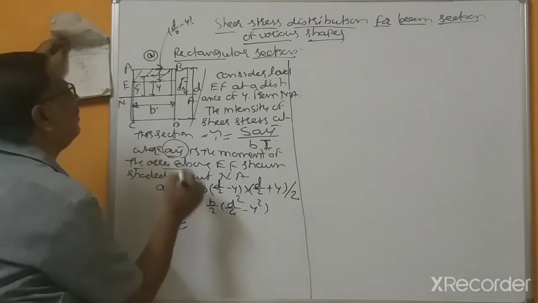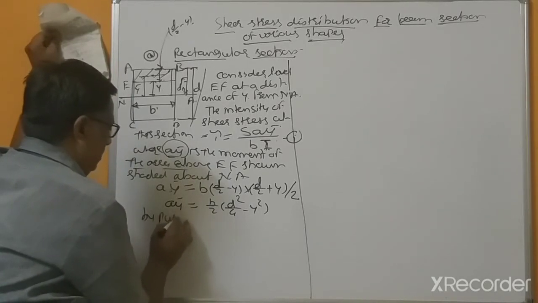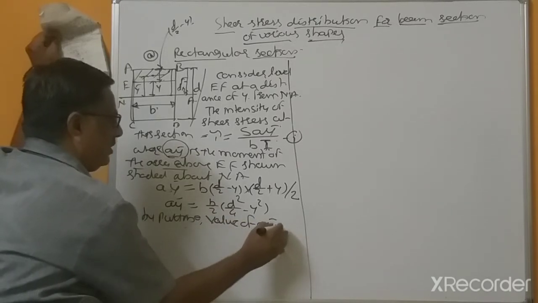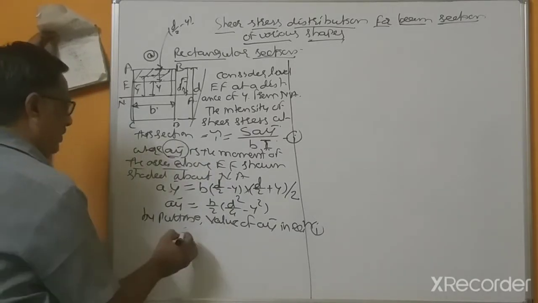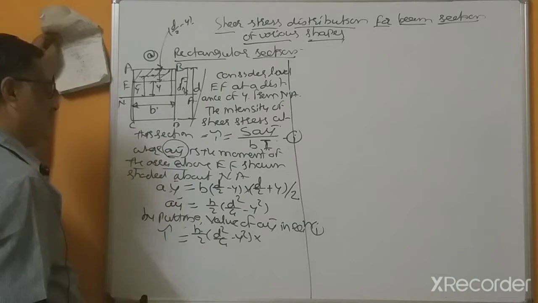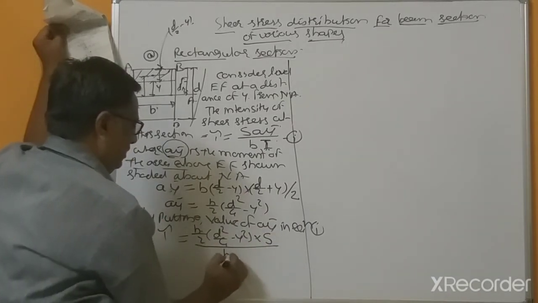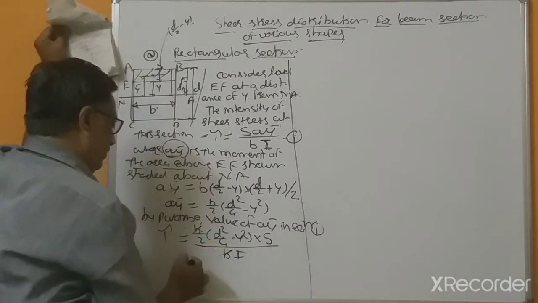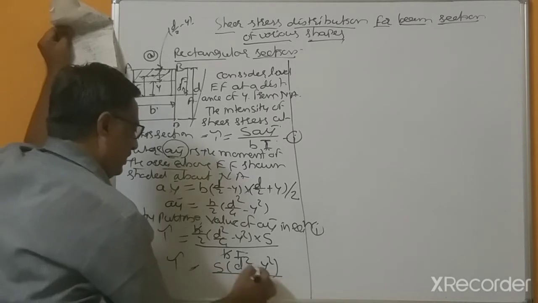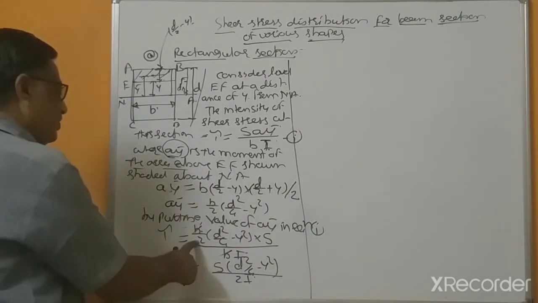So tau equal to, suppose this is equation first, by putting the value of A Y bar in equation first, tau equal to B by 2 into D square by 4 minus Y square multiplied by S divided by B into I. So this B will get cancelled, and tau equal to S into D square by 4 minus Y square divided by 2I.